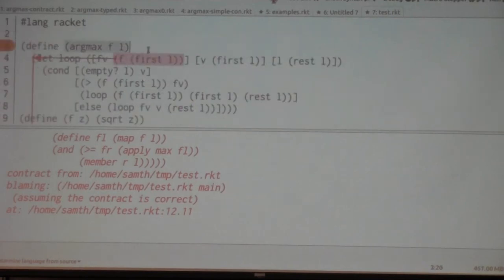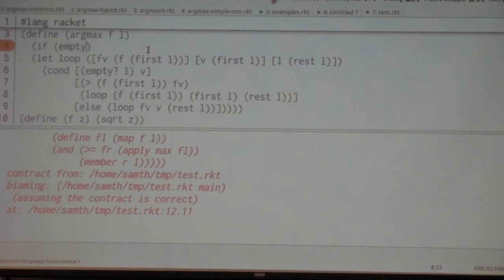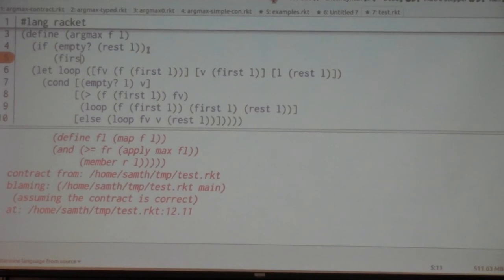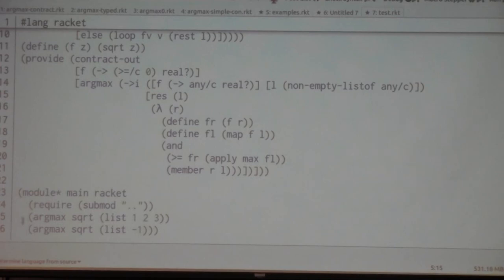So let's change argmax to do that. Now argmax doesn't call the function if there's only one element. So this program should successfully return -1.